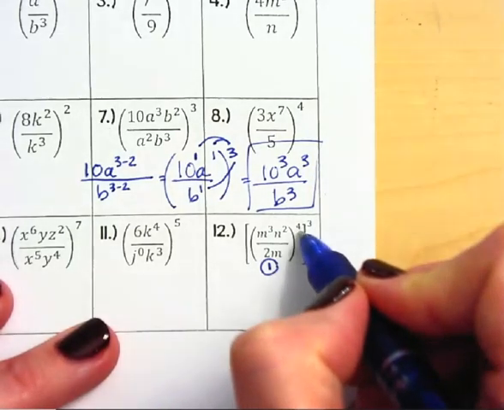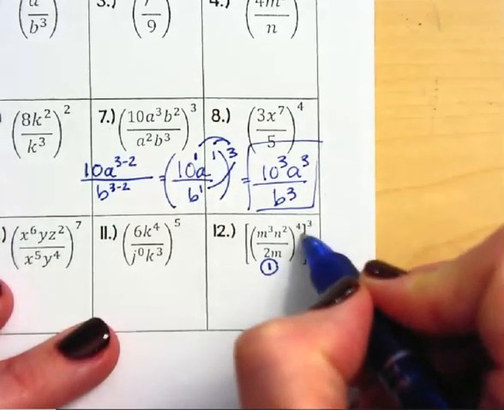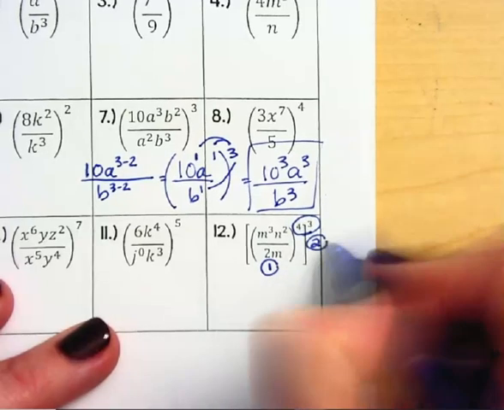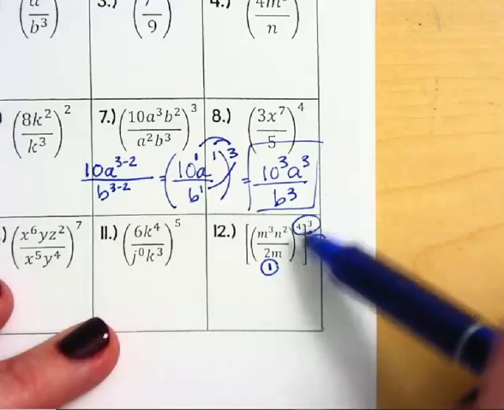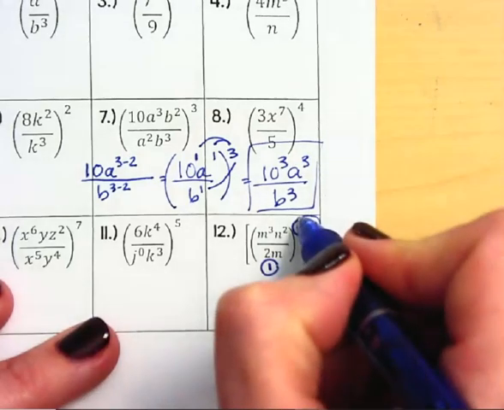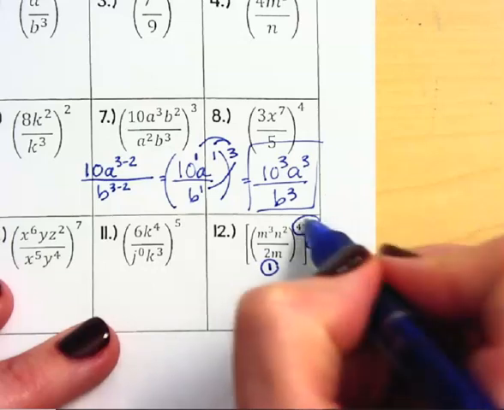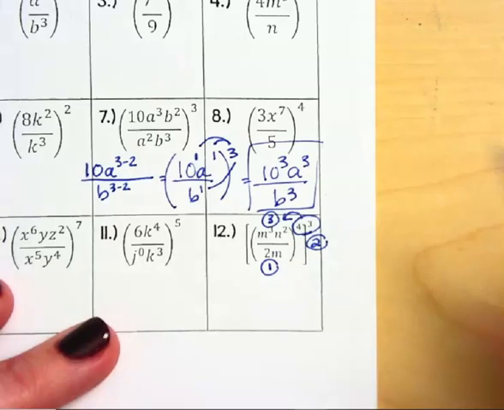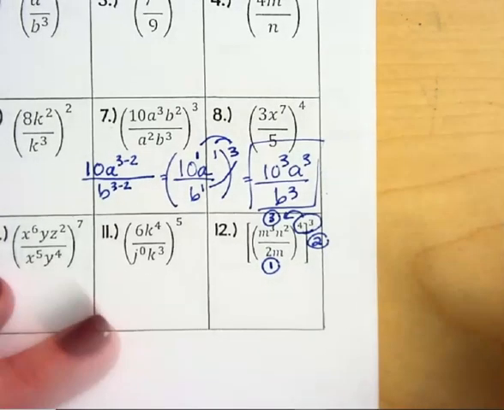Then, with this power of 4 being raised to the power of 3, I would do our rule from yesterday that says a power raised to a power means you multiply the numbers. So that would be a 12. And then I would take that, which would now be my outside exponent, and I would multiply it by the inside exponents that I got during step 1. So that's how I would work number 12.